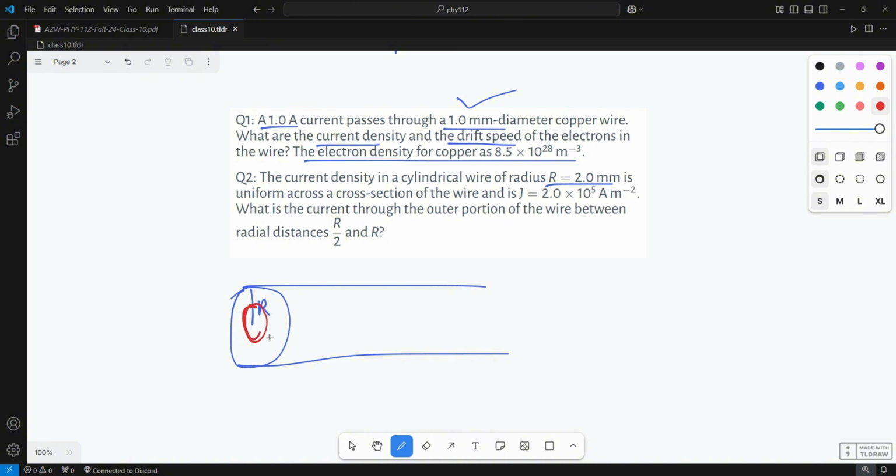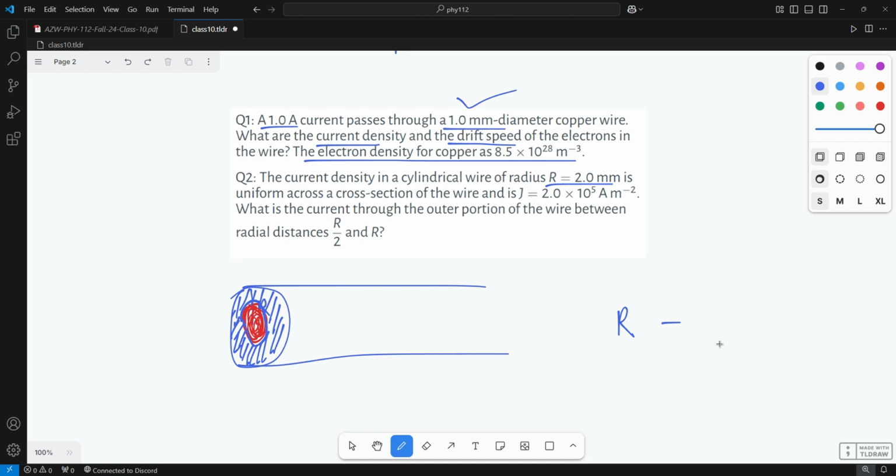This will be the area of cross section formed by R by 2, and the whole is formed by R. So we have to find the amount of current that is only passing through this shaded area, the area which we will get if we subtract the area of R and R by 2.